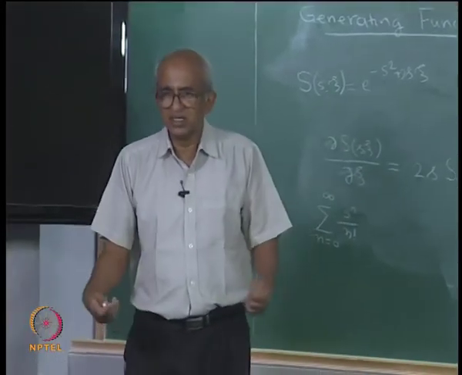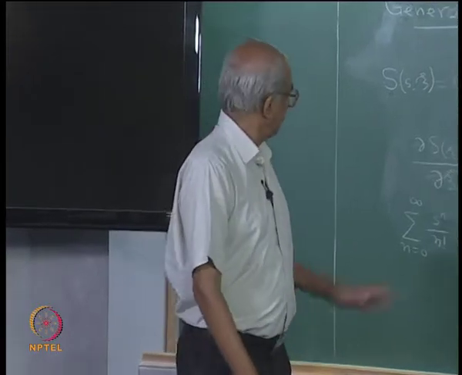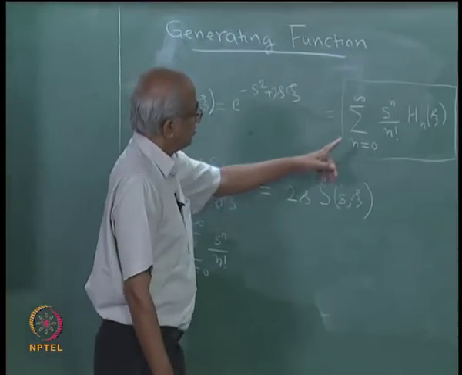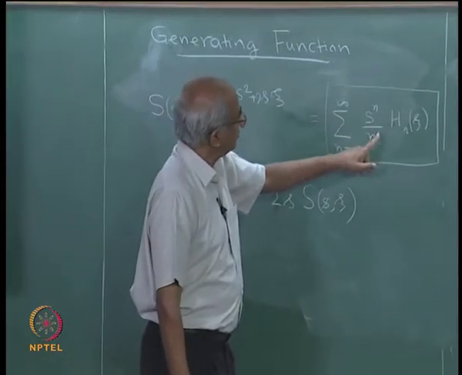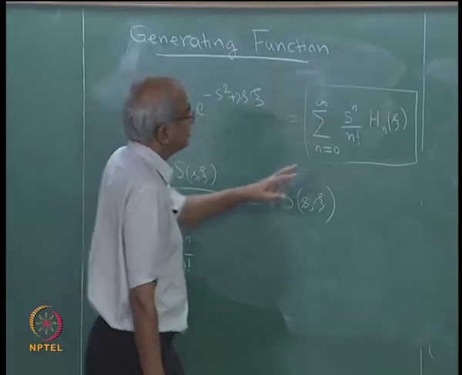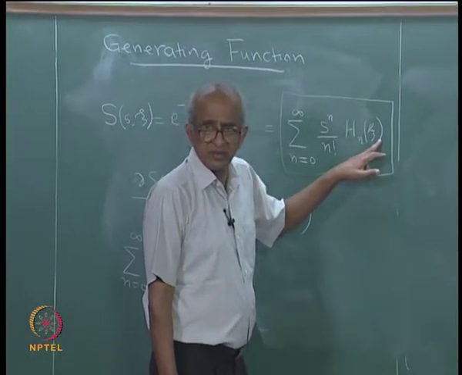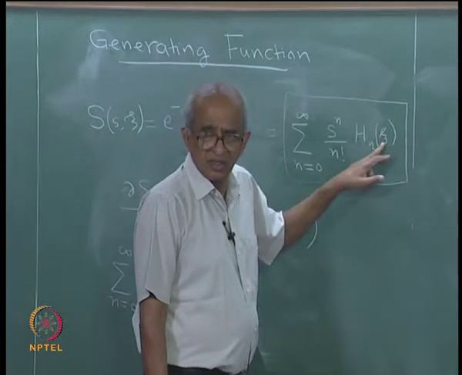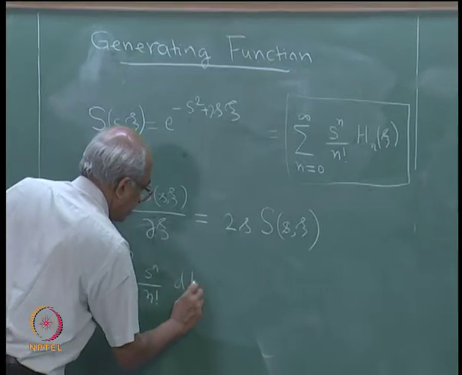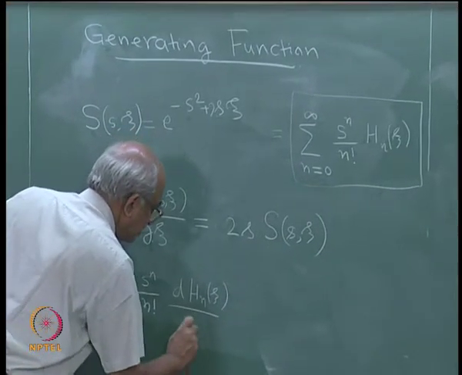I am differentiating partially with respect to c and not changing s. So when I calculate the derivative using this expression, s to the power of n by n factorial will remain unchanged, but the derivative operator is going to operate upon Hn. So what you are going to get is dHn(c) by dc.